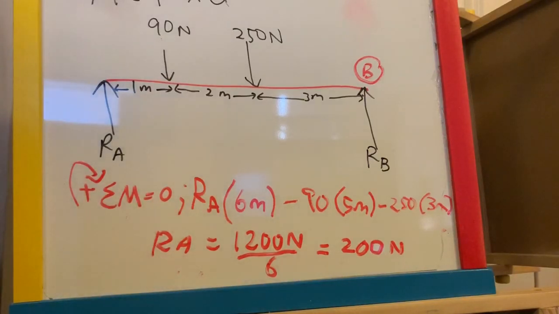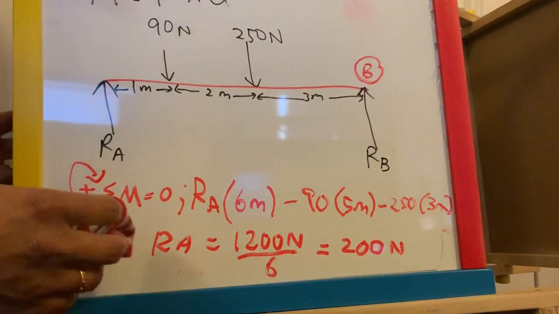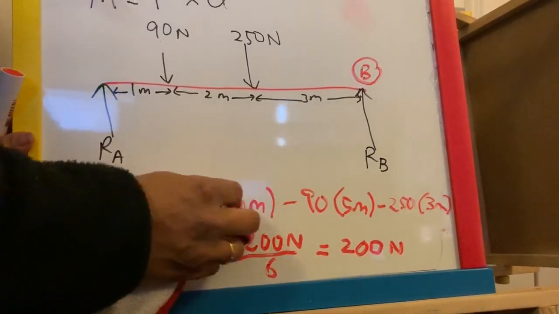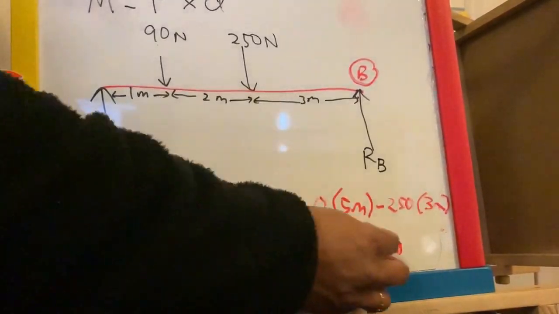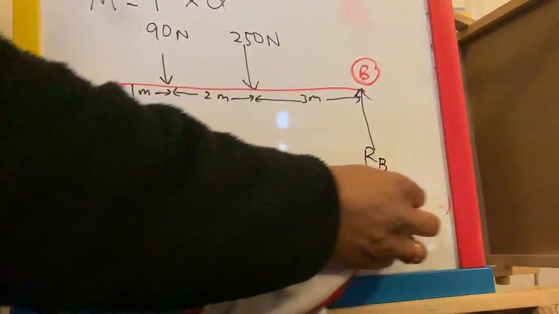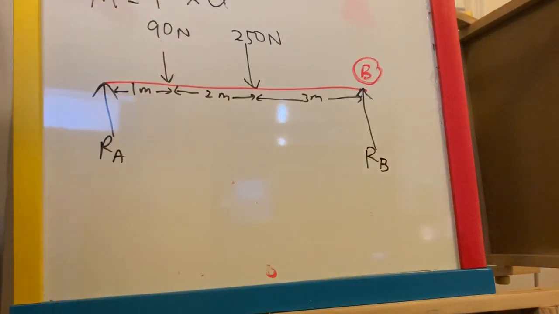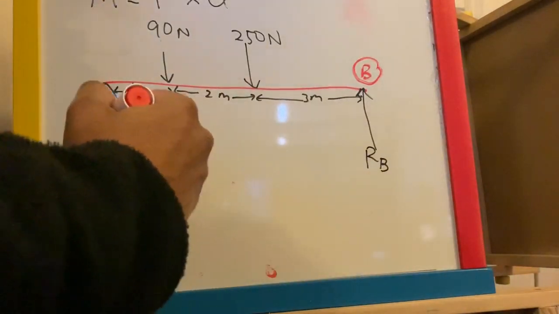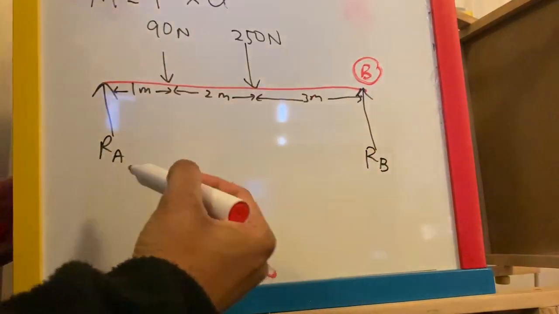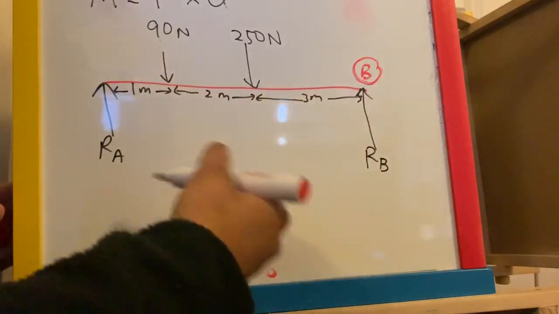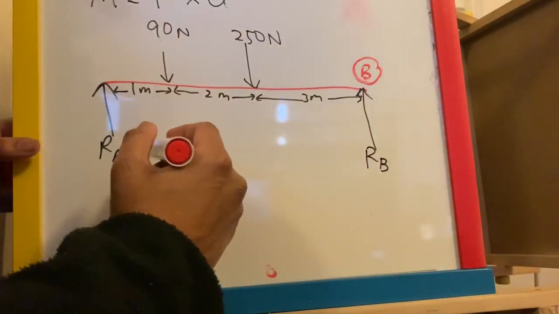All right, so now once you're done with that, you have one more simple method for you to get the value for RB. So RB is basically adding all the forces up together, okay? You know that when a system is in equilibrium, all the forces should be equivalent to 0.